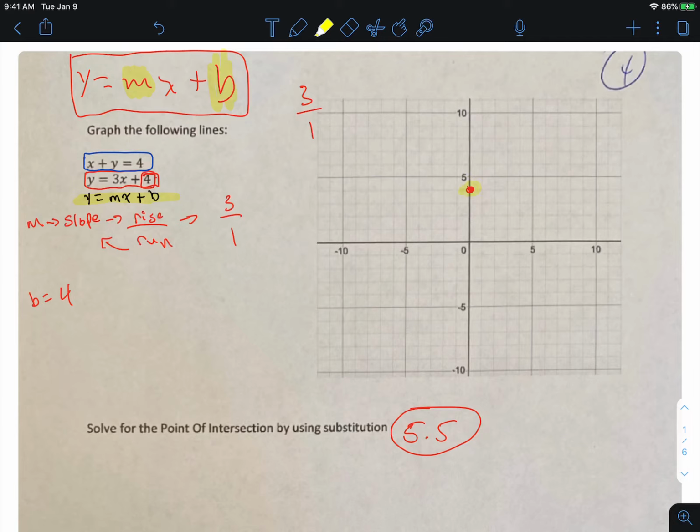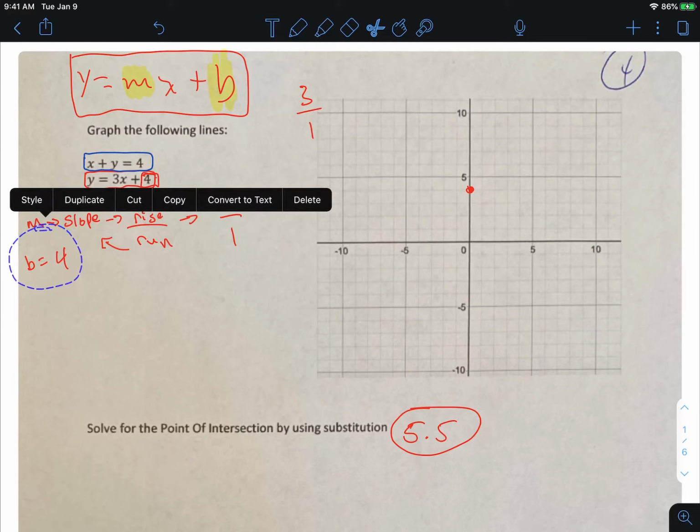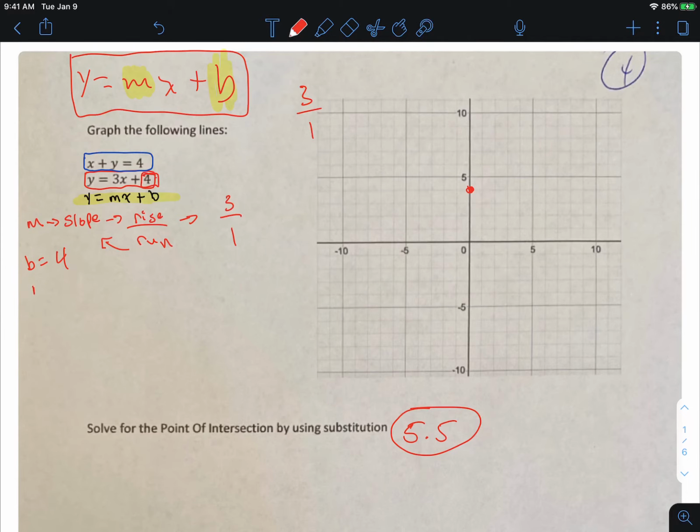Now, the reasoning behind that, and I think you have a little bit of understanding from last week, would be the way that I would want people to actually understand it. So B is 4 for this, and M is 3 over 1. Those are your two pieces of information.